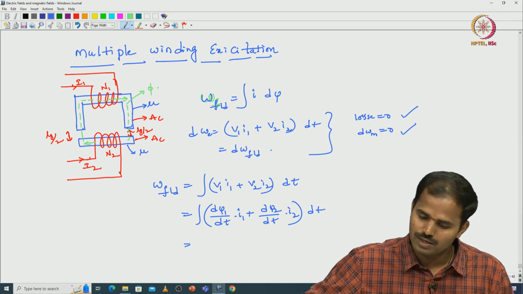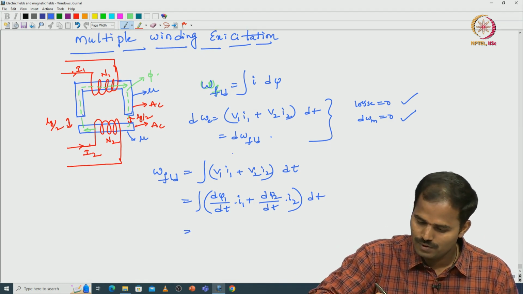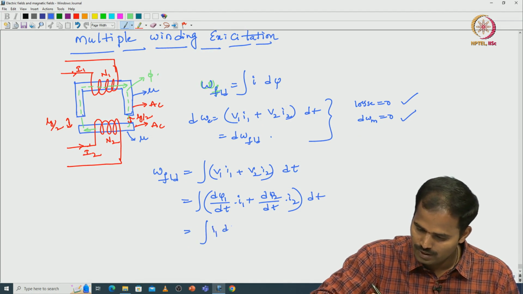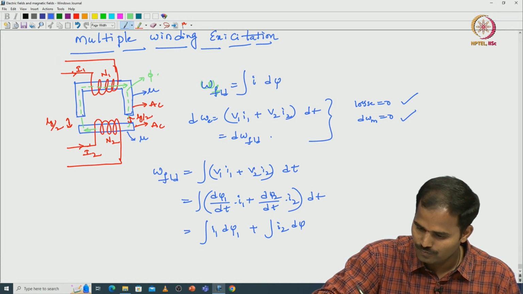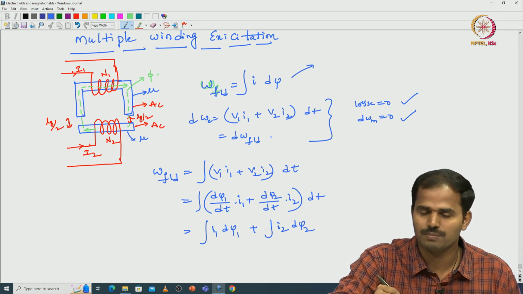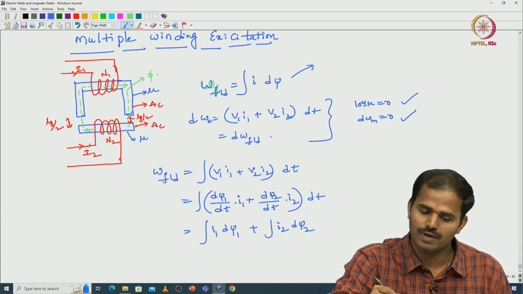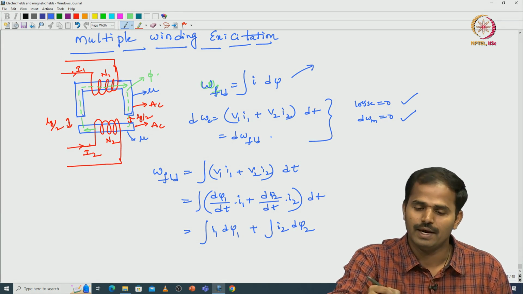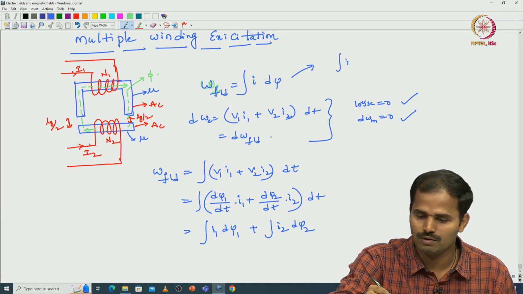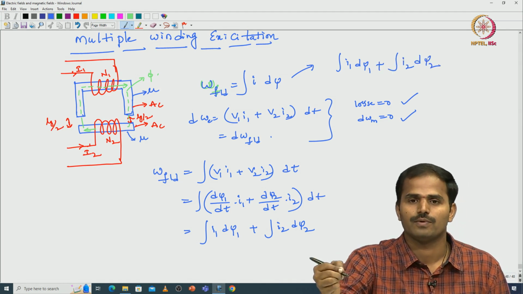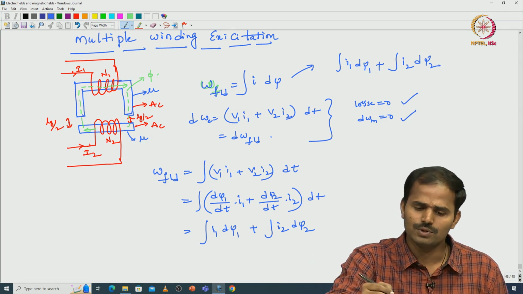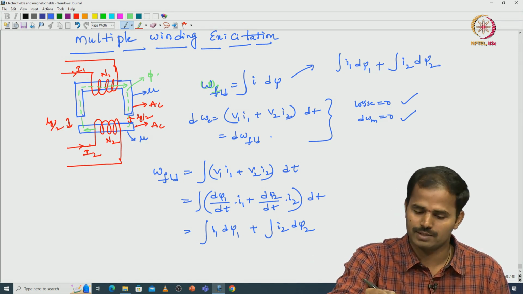So this results in the integral of I1 d psi 1 plus I2 d psi 2. Directly from this equation we can also write the field energy equation, integral of I1 d psi 1 plus I2 d psi 2. So this is the field energy expression.